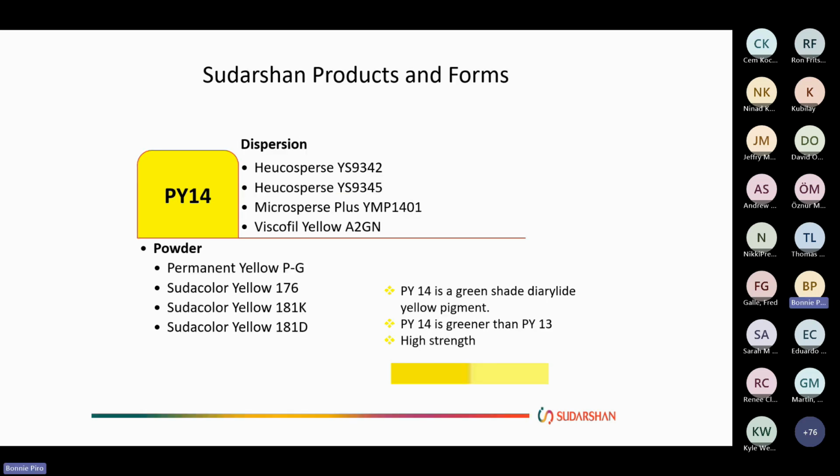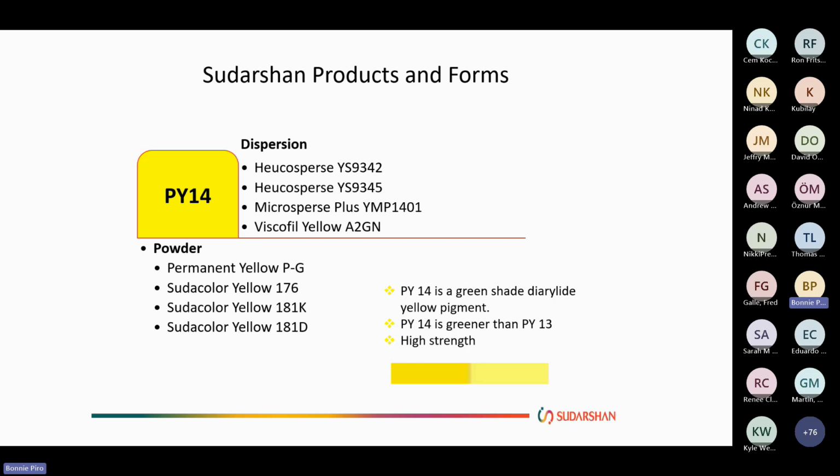As I mentioned, the Pigment Yellow 14 is the other sort of workhorse for the process color of yellow in inks. This is a green shade. Pigment Yellow 14 tends to be more green than the Yellow 13, and it does offer that higher strength as well, which is known for the diarylides.